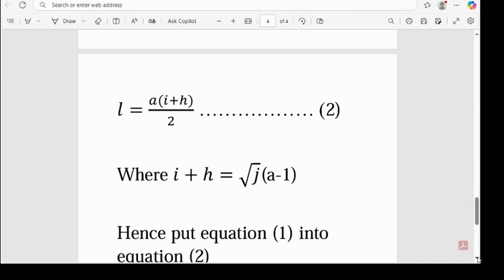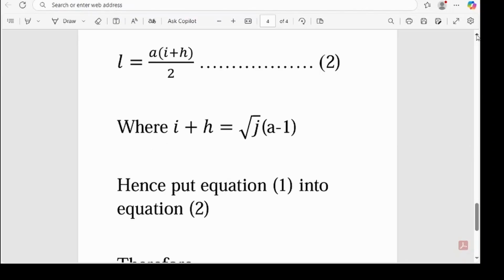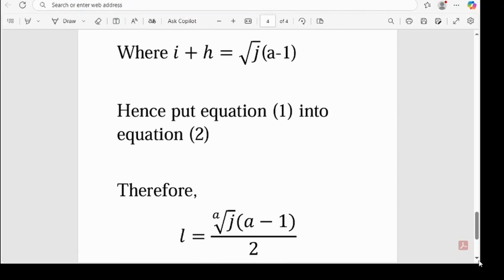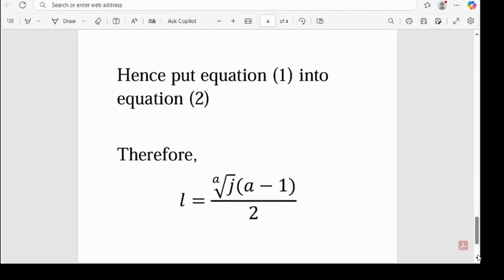Remember equation 2 is l = a multiplying (i + h) divided by 2, where i + h is equal to the square root of j multiplying (h - 1). So our l is going to be a multiplying the square root of j times (h - 1) over 2. So that's our final answer.